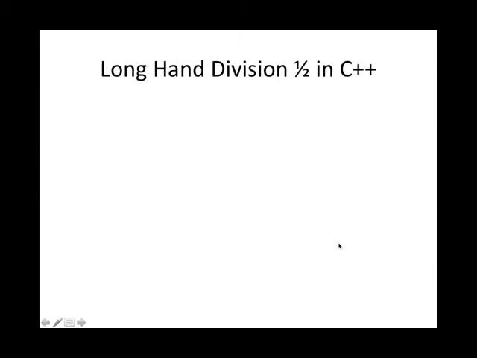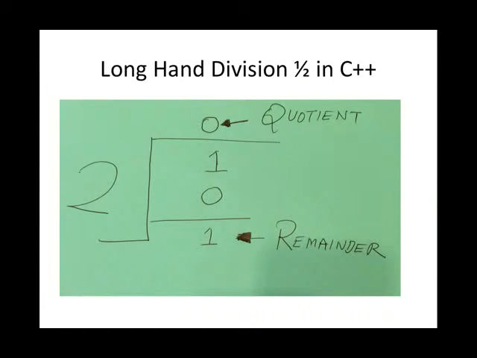So this is how we do longhand division of 1 divided by 2 in C++. Here's my denominator, 2 at the bottom. Here's my numerator, 1 on the top. Since 2 is bigger than 1, I can only go 0 times. 0 multiplied by 2 will be 0. So 1 minus 0 will be 1. So I get a remainder of 1, and the quotient is 0.